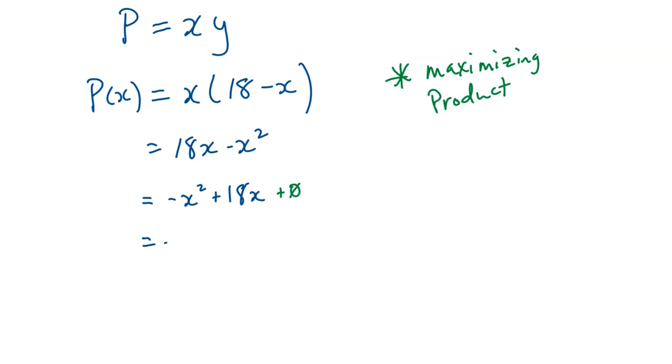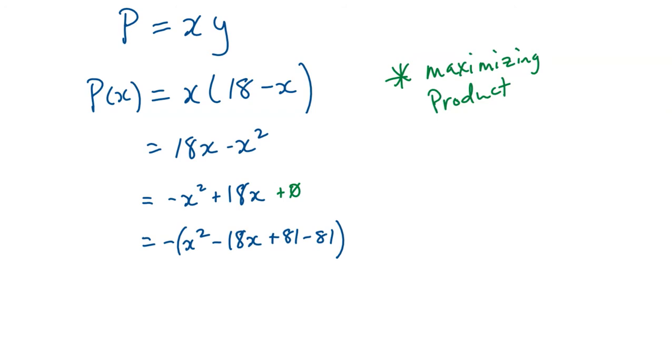Okay, so we're going to factor out the negative. That takes 18 from being positive to becoming negative. How do I complete the square? Got to find that number. Half of 18 is 9. 9 squared is 81. Add 81. Subtract 81.